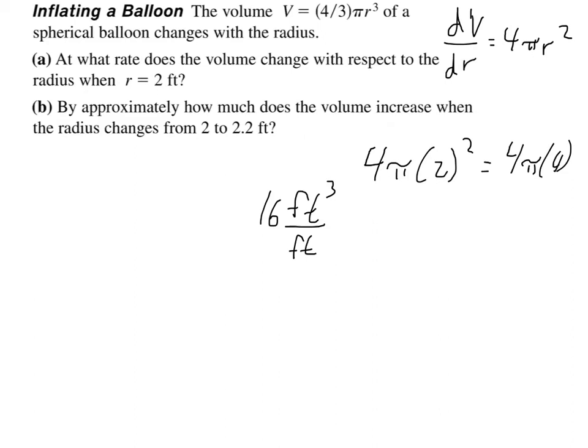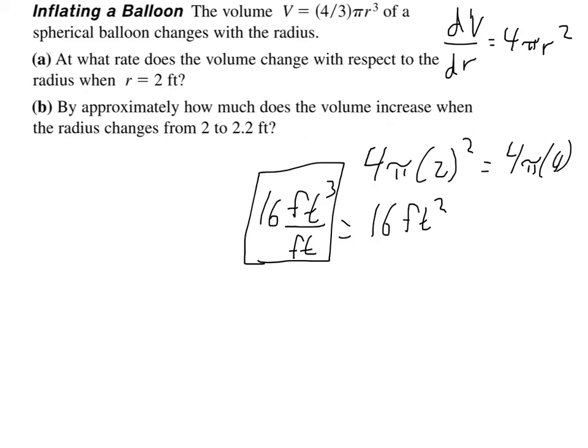So you might just say that it's kind of like saying how is part of the area changing, because then it would be 16 feet squared, so it gives you an area dimension there. I'd probably leave it in the feet cubed per feet just to make sense of, we're asking how is the volume changing with respect to the radius. So keeping it in terms of a volume per radius length might help do that.